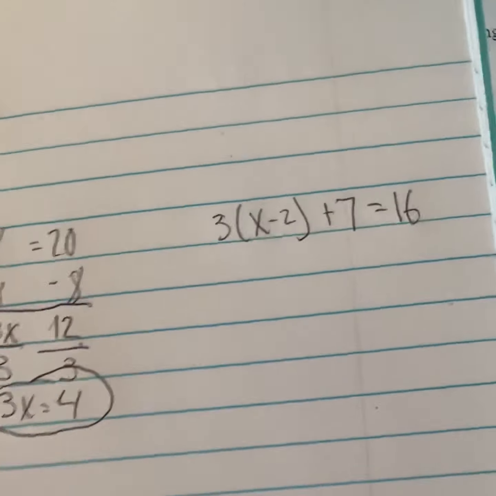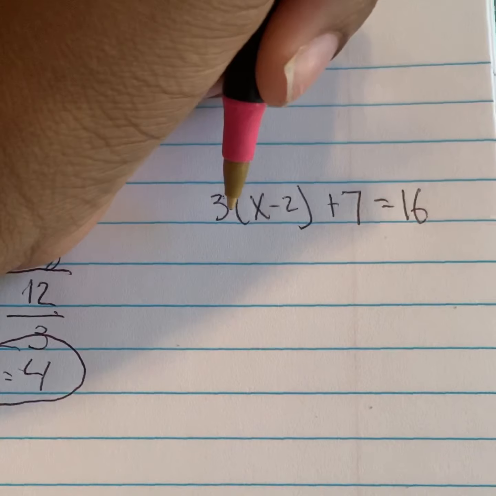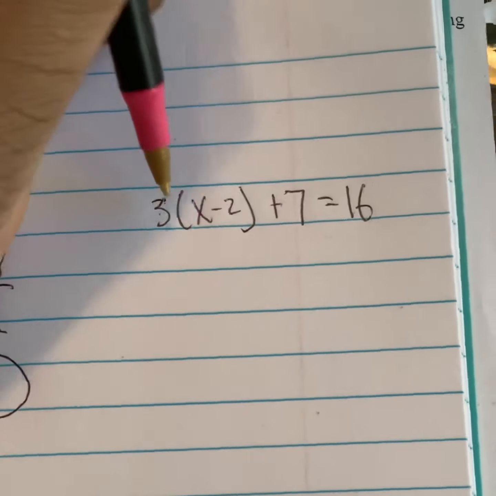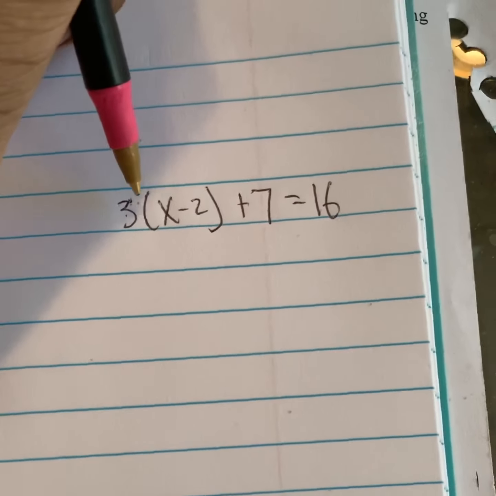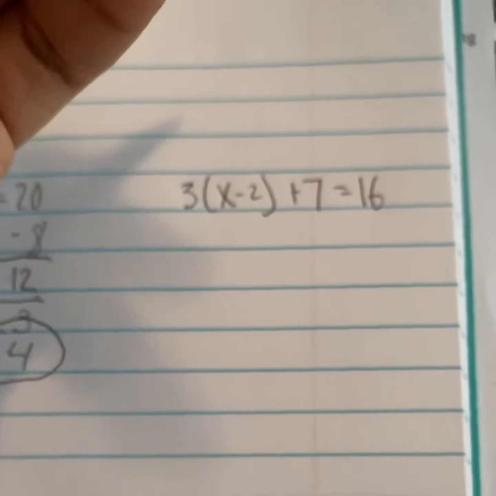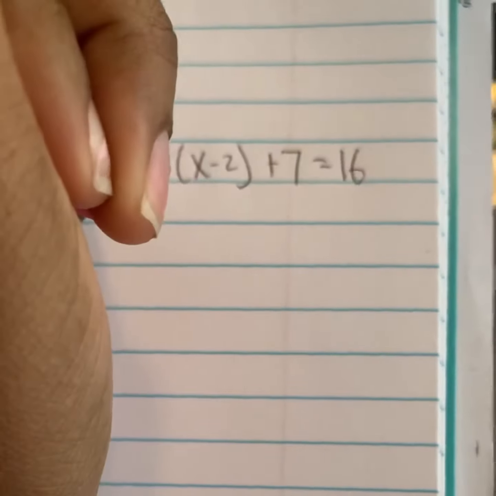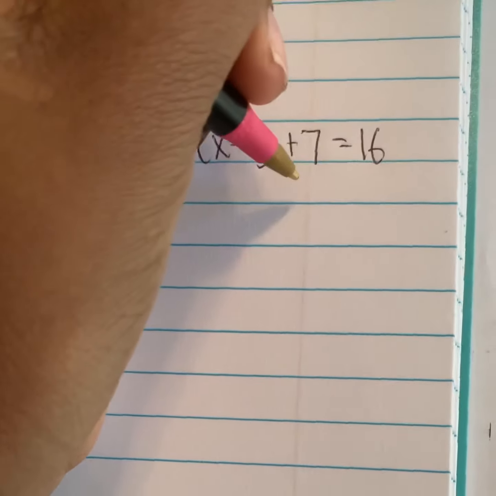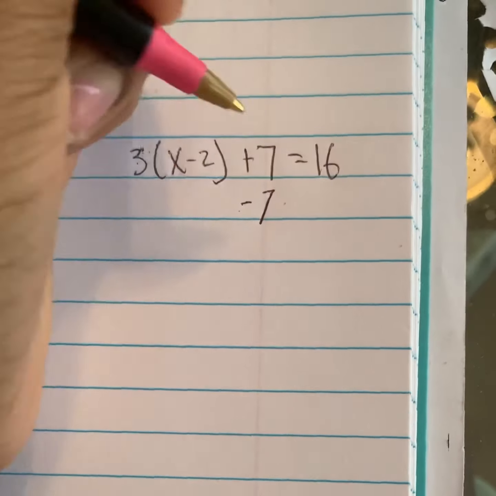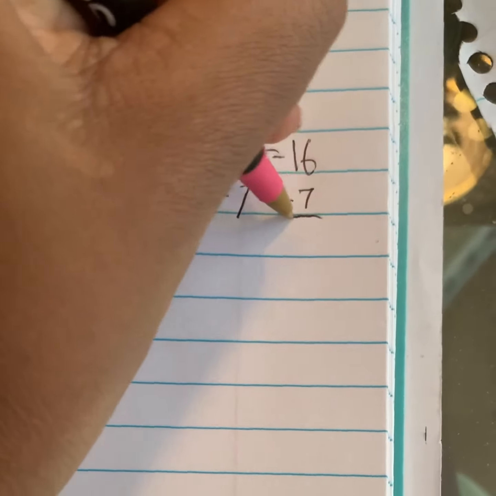Now, this one is kind of different from the others. We could go about this separately. Like I could distribute the 3x, or not. I could do it the way that I'm about to do it right now. Because of the opposite of the signs, -7 over here.